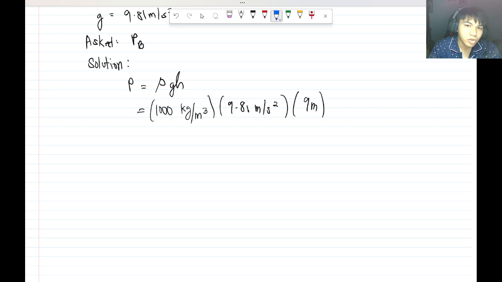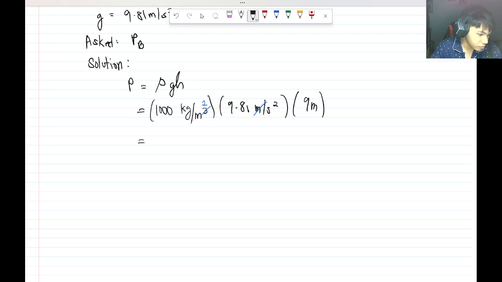Here's meters. We've cancelled this. Since that will give you pascals, newtons per square meter.